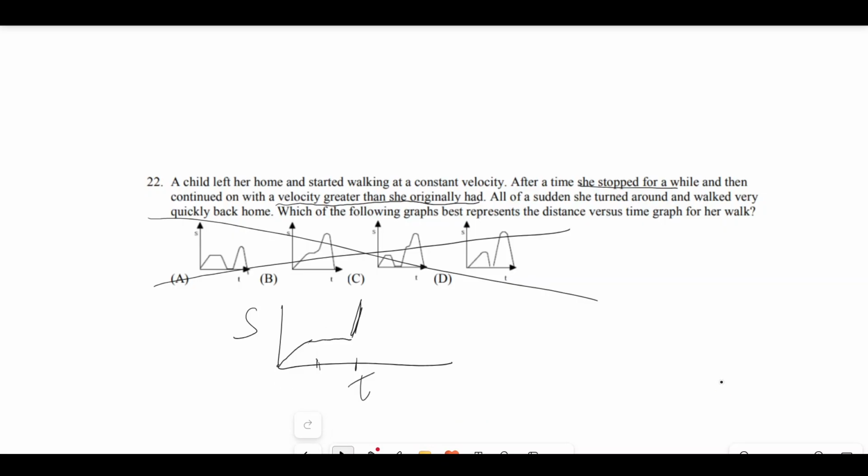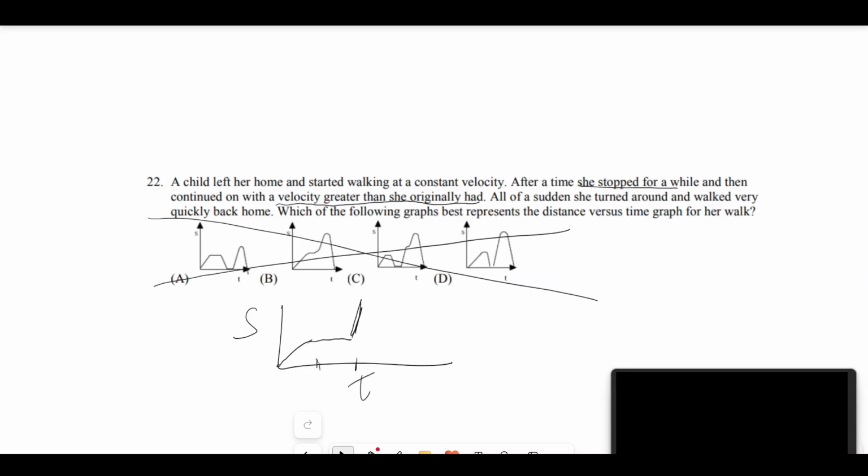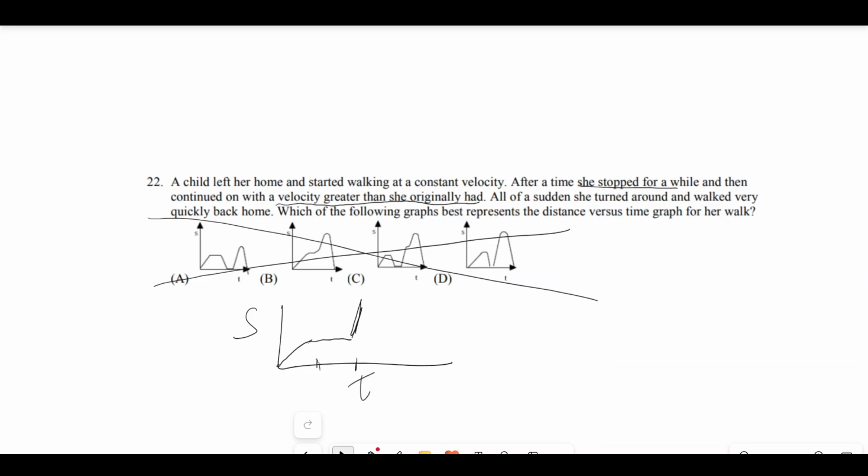And then it says, all of a sudden, she turned around and walked very quickly back home. So then we know that she's going to walk back home. And of course, it's not going to be exaggerated, like she doesn't just snap straight down. There's most likely going to be a little curve because she is a kid after all. So she's going to curve up and then go, what does it say, quickly back home.